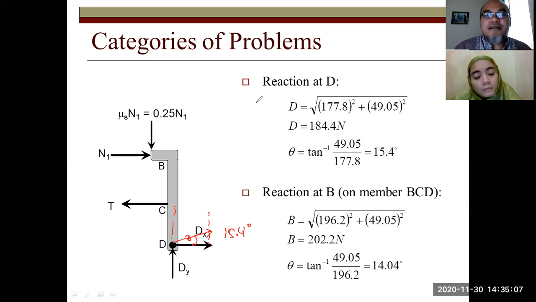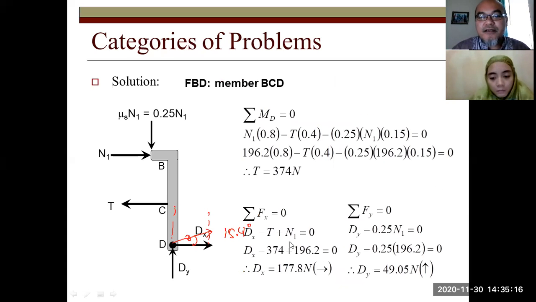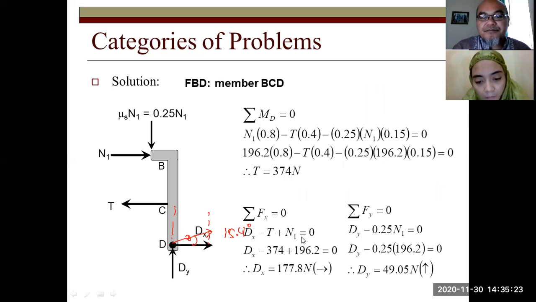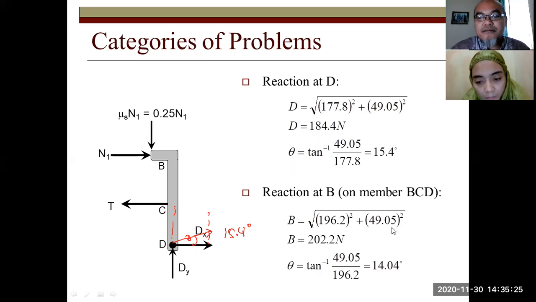Reaction at B on member B will be from N1 and this 0.25 N1. N1 is 196.2 Newton. 0.25 N1 is 49.05. This is the reaction force at B, so we obtain 202.2 Newton. The tangent is then like this.